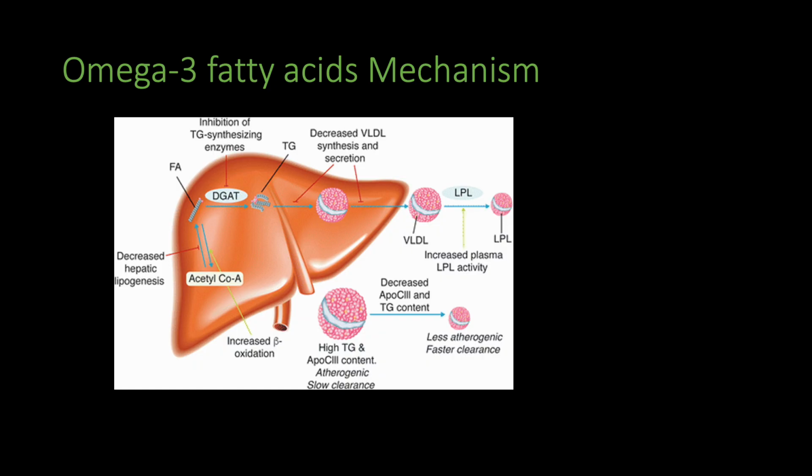So you can see here in this diagram how DGAT is used to convert the fatty acids to the triglycerides, and then to VLDL, and then LPL is being used. So you can see how it's kind of turning it into the bad cholesterol.